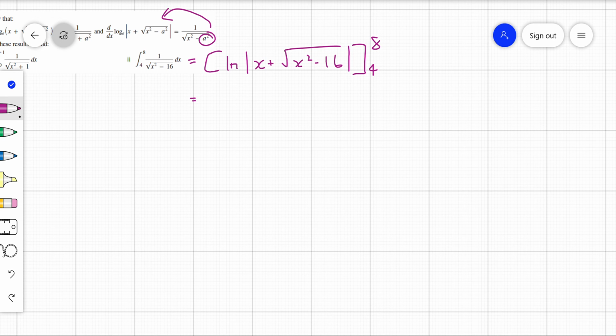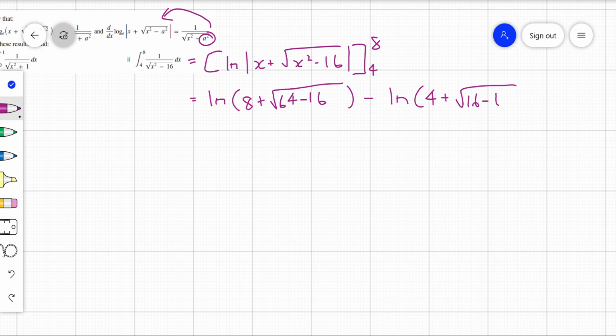So if I have a look at that log, I'm not going to need this absolute value because it's already positive. 8 plus square root 8 squared, 64 minus 16, minus log, again I'm not going to need it, 4 plus square root of 4 squared is 16 minus 16, so that's just log 4 there.